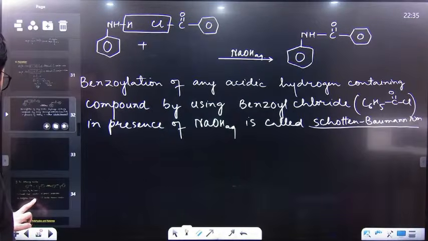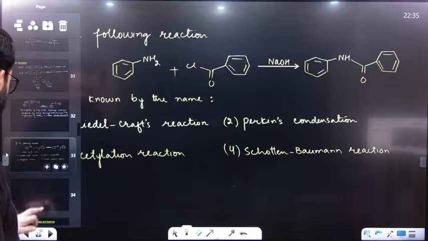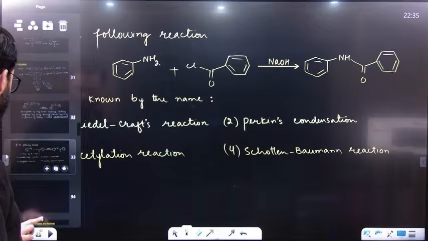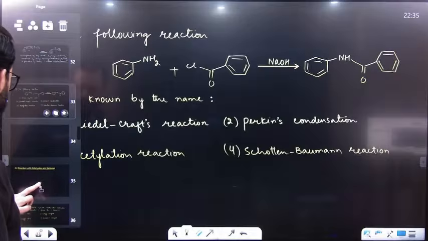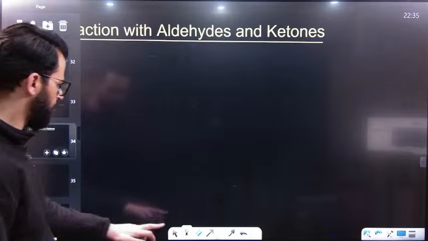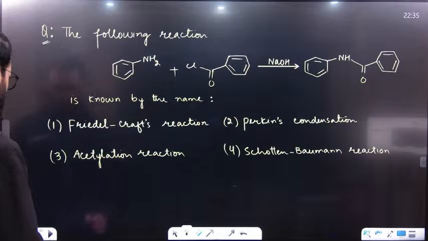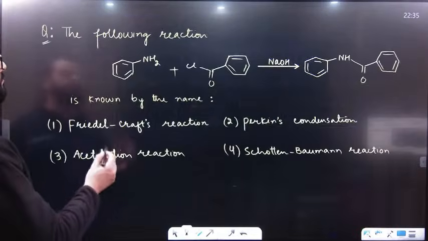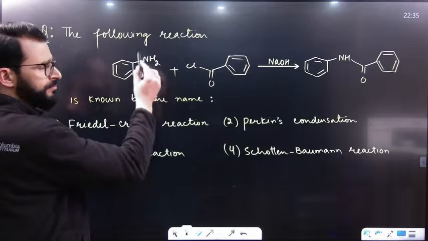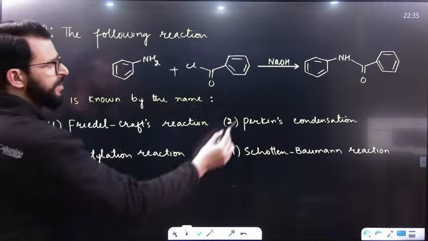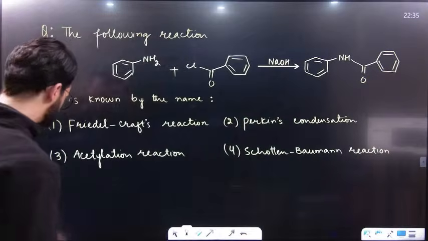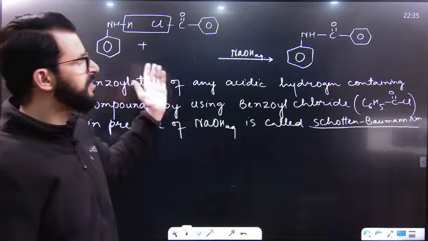Now, here we are having a few questions, or one question most probably. Have a look. The following reaction, aniline with benzoyl chloride in presence of NaOH, results in the formation of this. It's the same reaction.